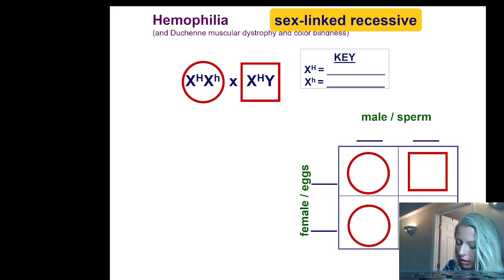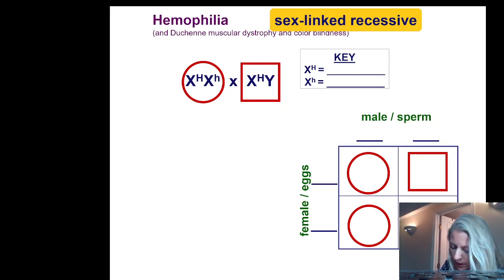The carrier is X big H, X little h, and the unaffected individual is X big H Y. We're going to do our classic Punnett square, where we drag our X big H, X little h down and over.